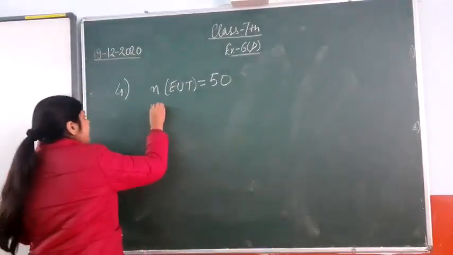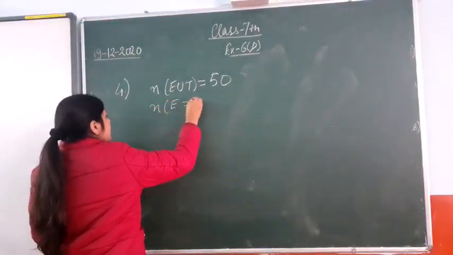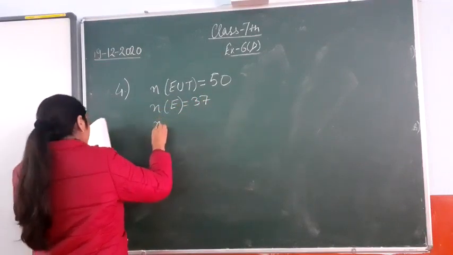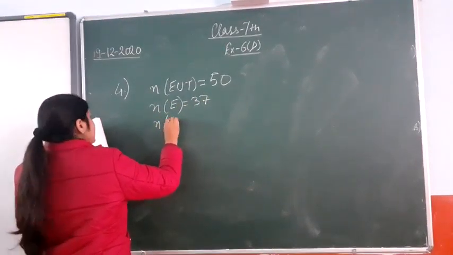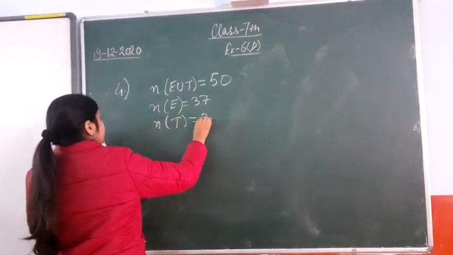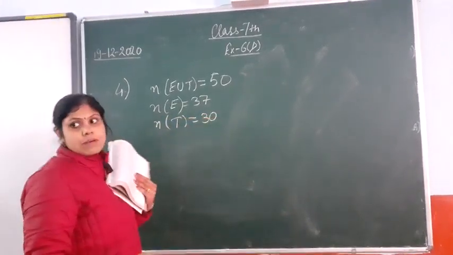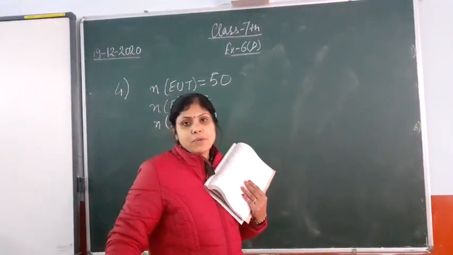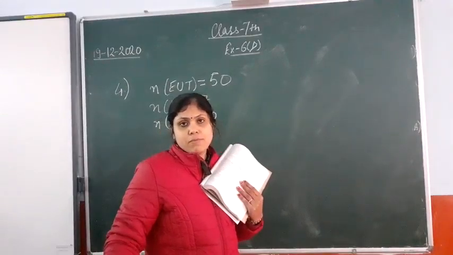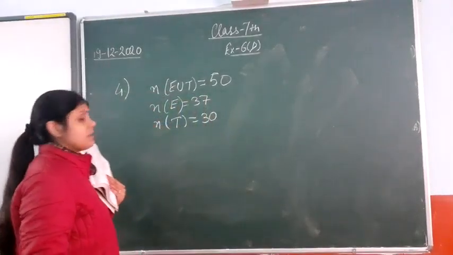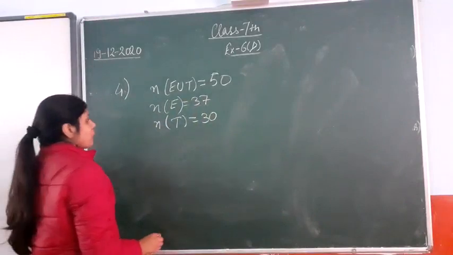That means n(E) is given as 37. Then n(T) is given as 30. That means the number of people who can speak English is 37, and the number of people who can speak Tamil is 30. Now what do you have to take out?